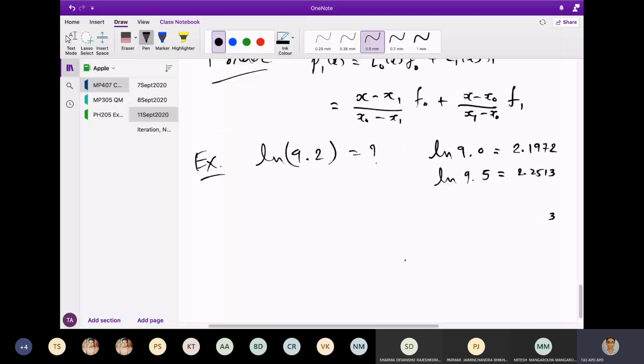So 2.2513 is ln 9.5 and 2.1972 is ln 9.0. Now from this you want to obtain ln 9.2.